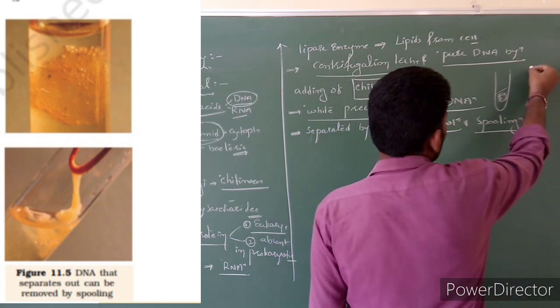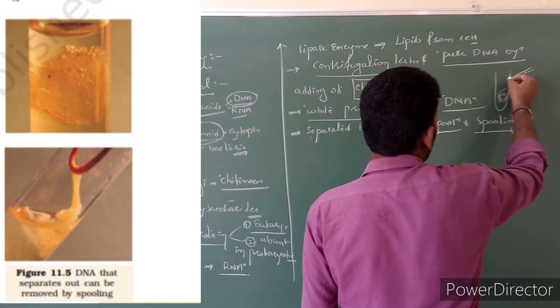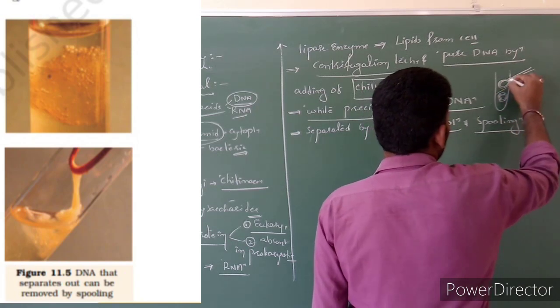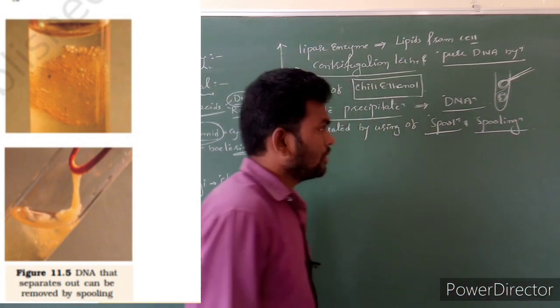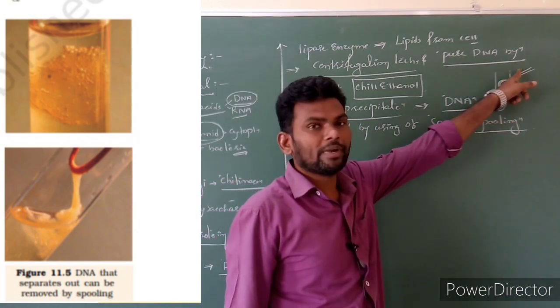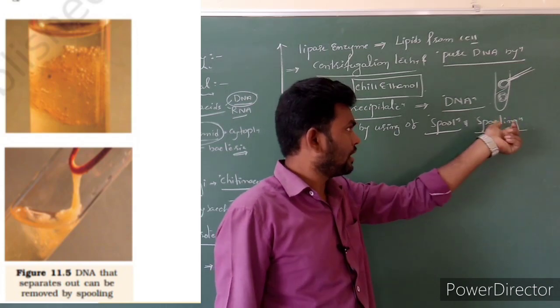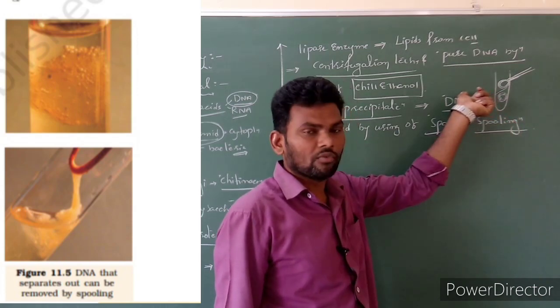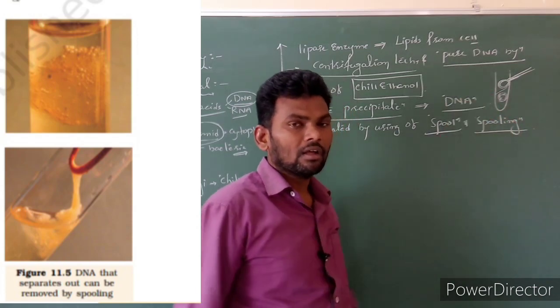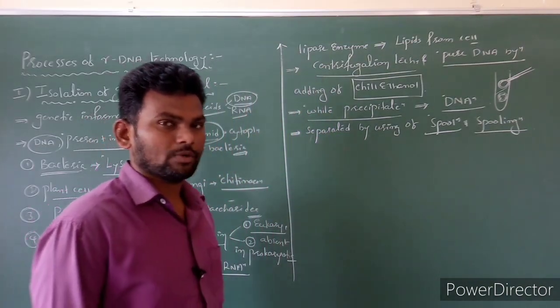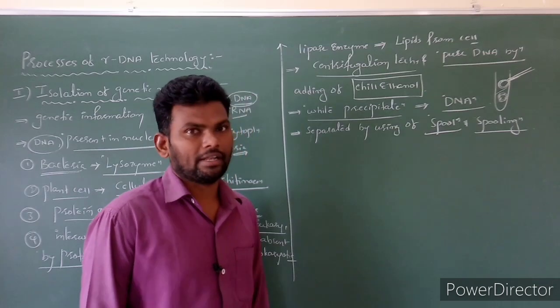By using a spool, this is a handle, and here it contains one long loop. So this is actually the spool. The instrument name is a spool. By spooling, just rotating, we can separate this precipitated DNA. Clear? So by this process we can separate the DNA as well as plasmid from bacteria.